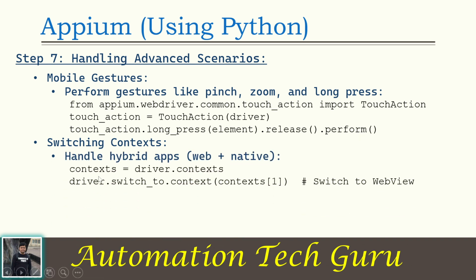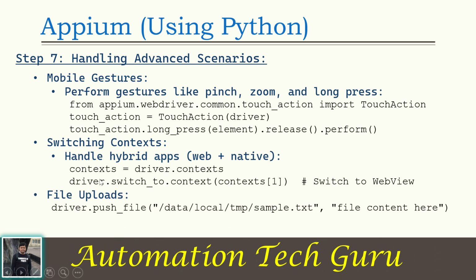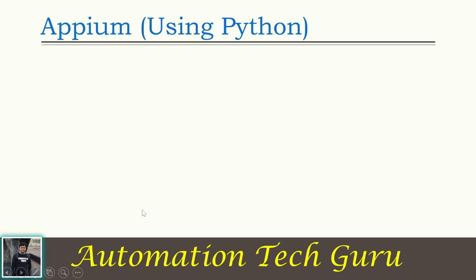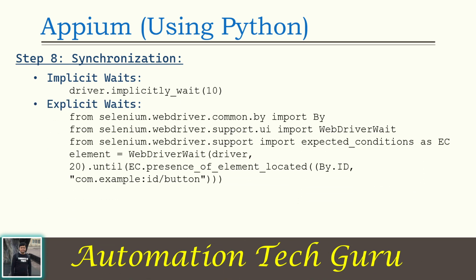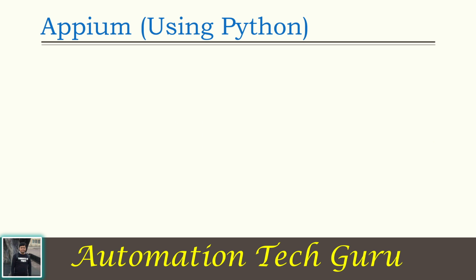You can use the context. For file upload you can use driver.push_file. For synchronization, for implicit wait, you can use driver.implicitly_wait directly. For explicit wait, it is based on the same as Selenium, how you can use it.